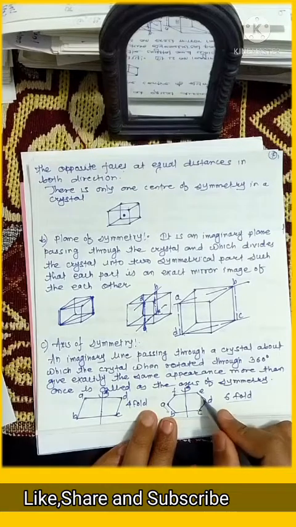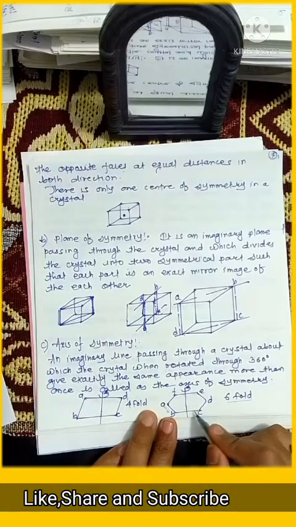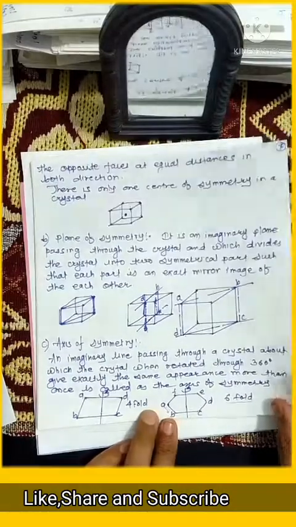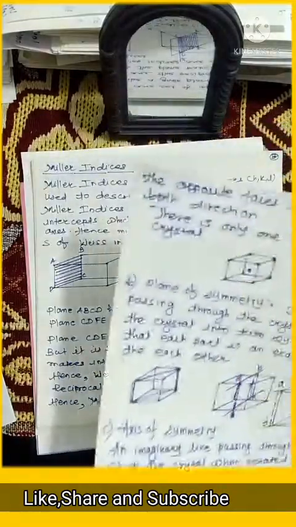So this hexagonal ring has a 6-fold axis of symmetry.